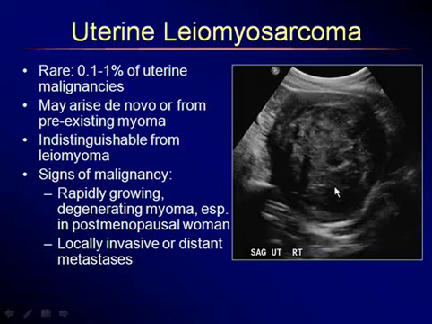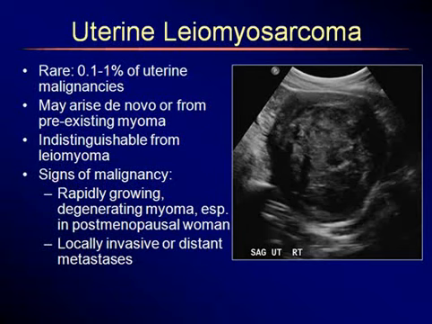The worst tumor that can occur in the myometrium is the leiomyosarcoma. It's very rare. It may arise de novo, or it can arise in a pre-existing myoma. It's indistinguishable from a leiomyoma. So the only thing that we have to go on is that there's symptoms, there's pain, there's bleeding, and there's rapid growth of a mass in the uterus, and changes in a postmenopausal woman.